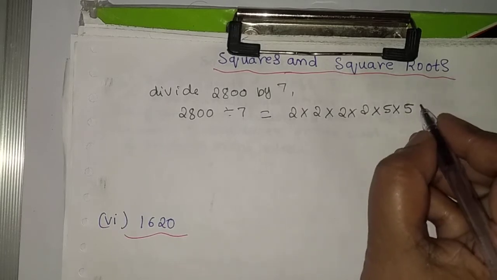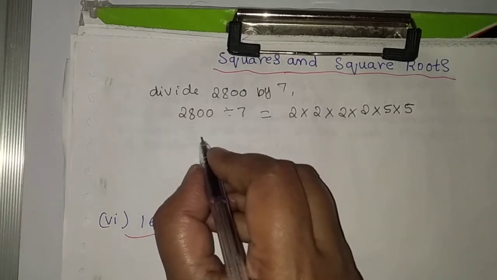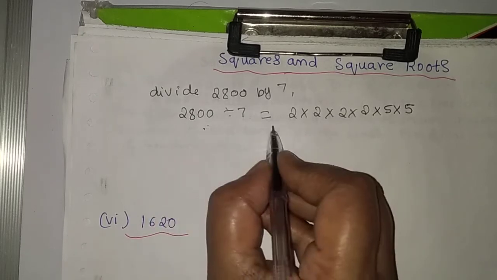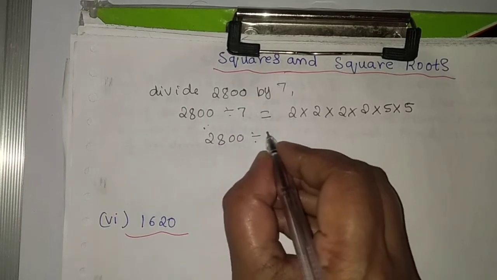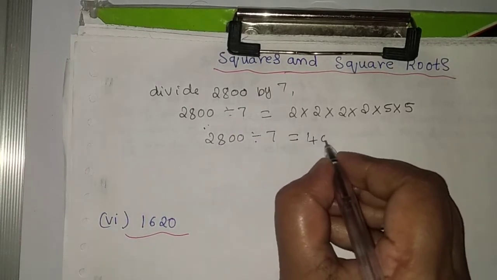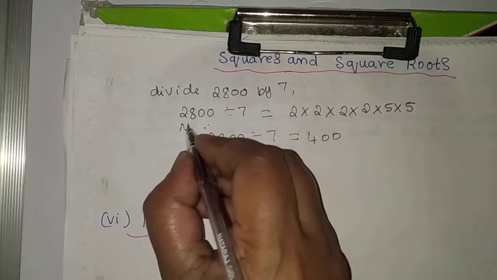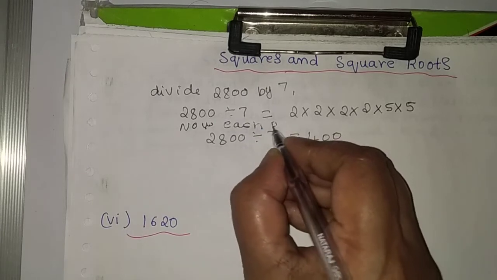So we take this 7 and divide. 2800 divided by 7 will be equal to 400. Now each prime factor has a pair.